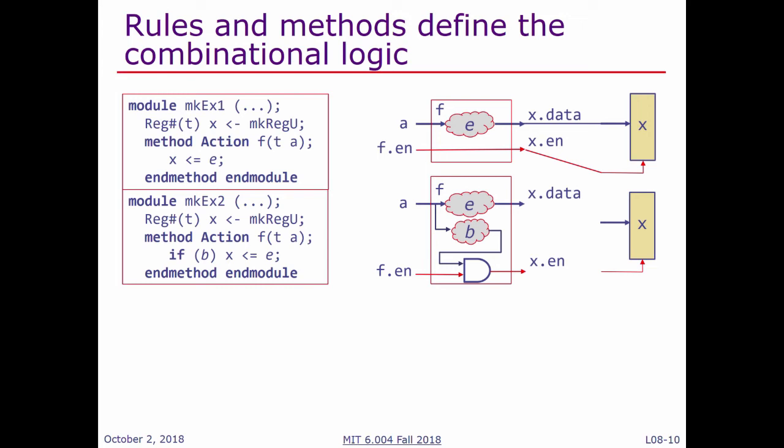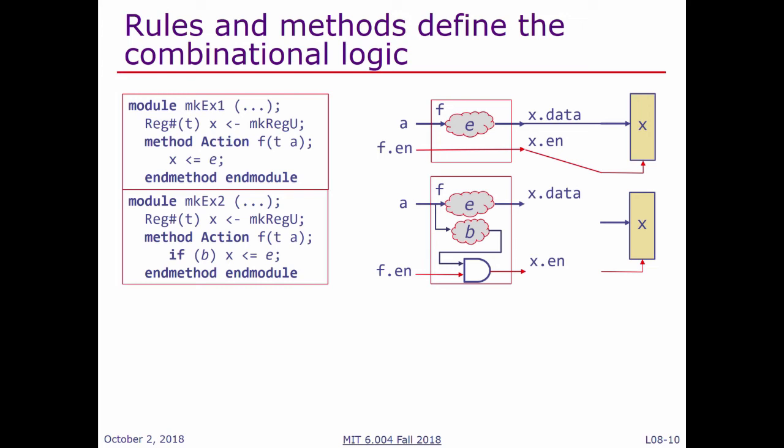In this case, if B, then X gets something. Interesting, so what that means is I have to compile the combinational circuit for E, and a combinational circuit for B, and the combinational circuit for B will generate a Boolean, because it's a typed language, so if you're using if there, it must be generating a true or a false over there.